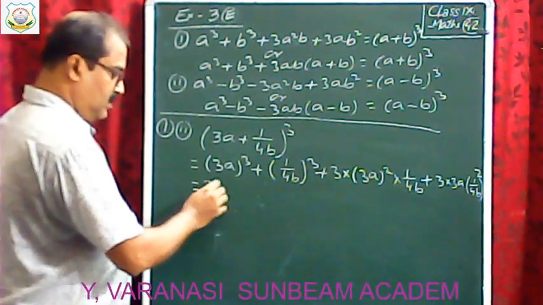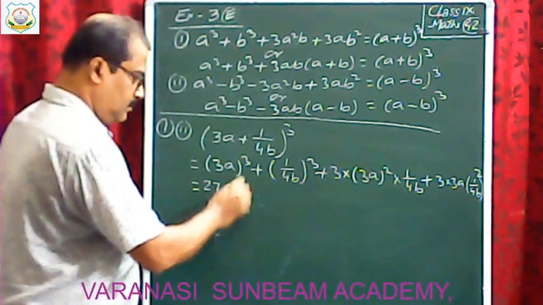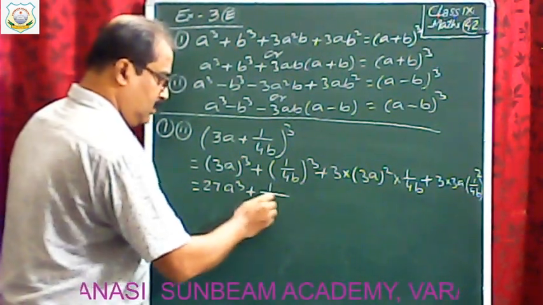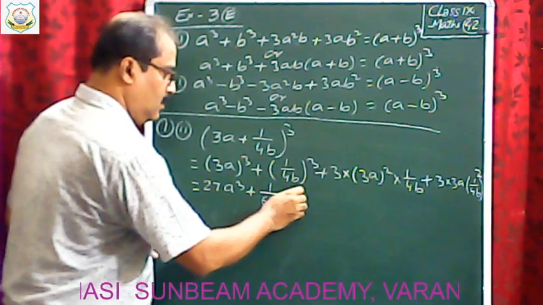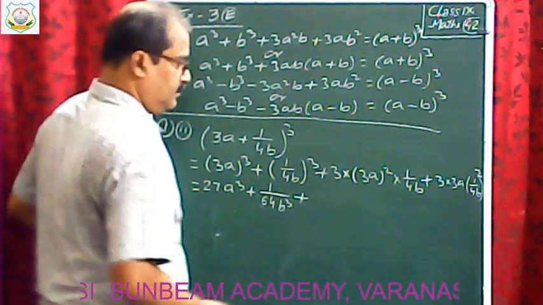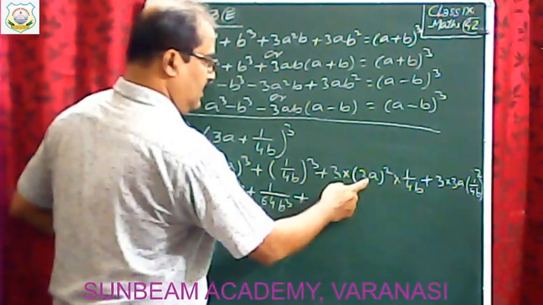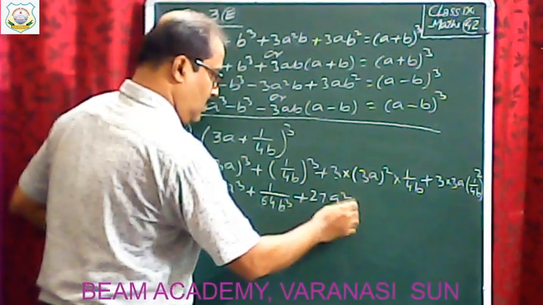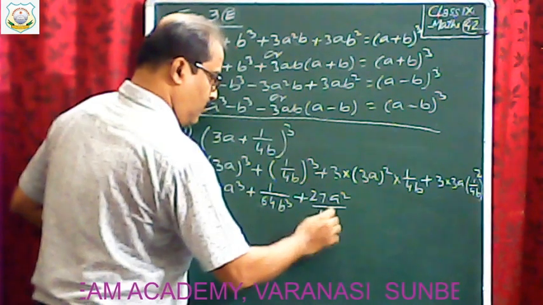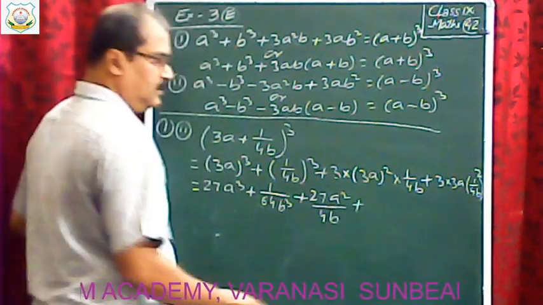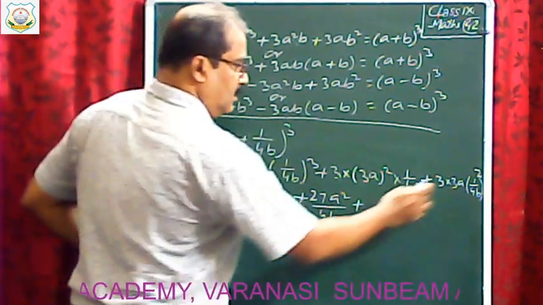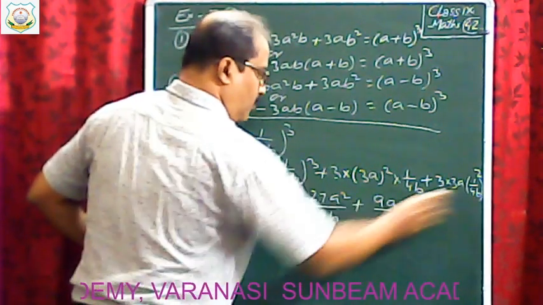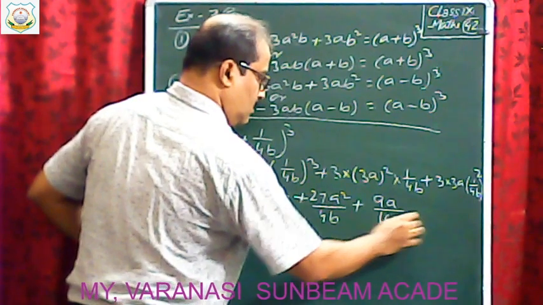Now thereafter you have to simplify. 3 cube means 27a cube plus 1 upon 4 cube means 64b cube plus 3 times 9, 9 times 3 is 27, 27a square upon 4b plus 3 times 9a upon 4 square, 16b square.